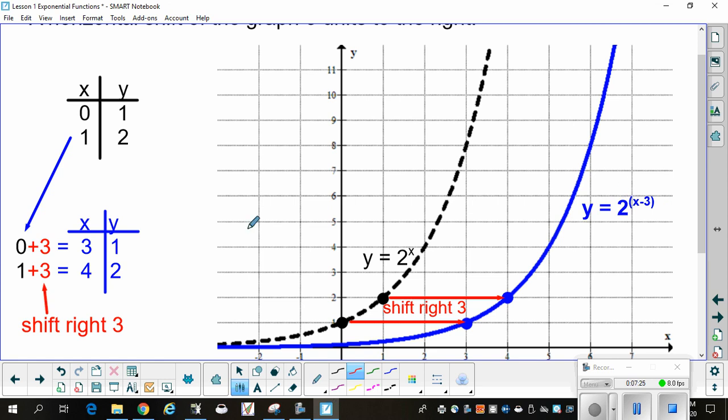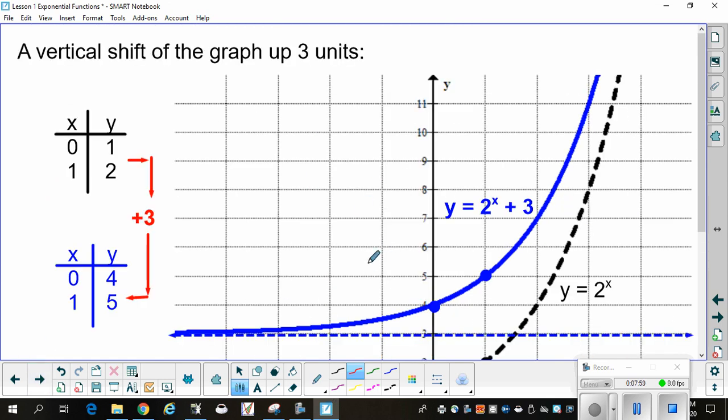Because notice that if I plug a 3 in, 3 minus 3 is 0. 2 to the 0 is 1. If I plug in a 4, 4 minus 3 is 1. 2 to the 1 is 2. So I simply have taken and shifted each one of these points to the right. The shape of the graph is the same. The range is the same. The domain is the same. It's just been moved to the right. I still have a horizontal asymptote at y equals 0.